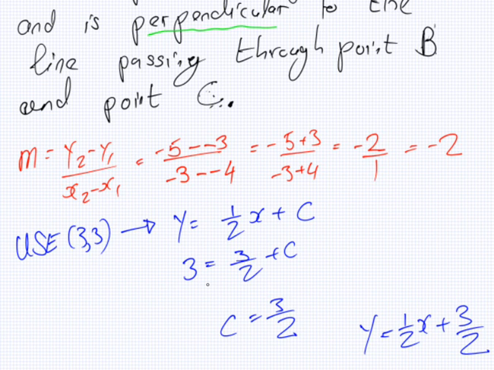Yeah. So we have our answer. It's y equals minus 7 over 5x plus 52 over 5. Yeah, so this one's going down.